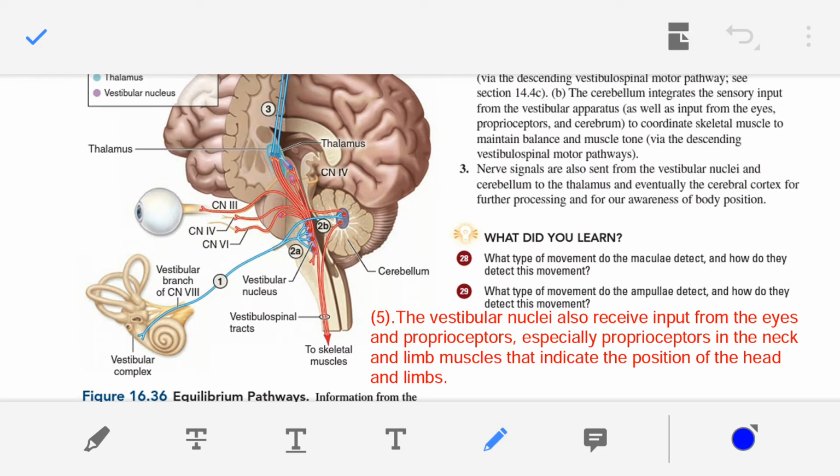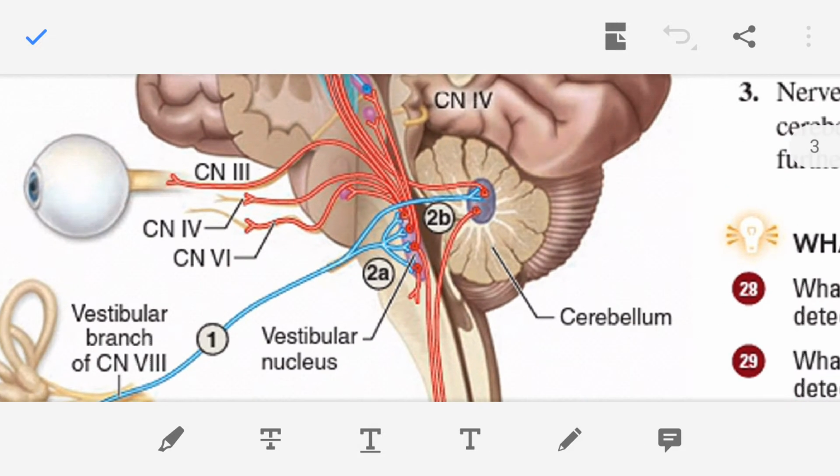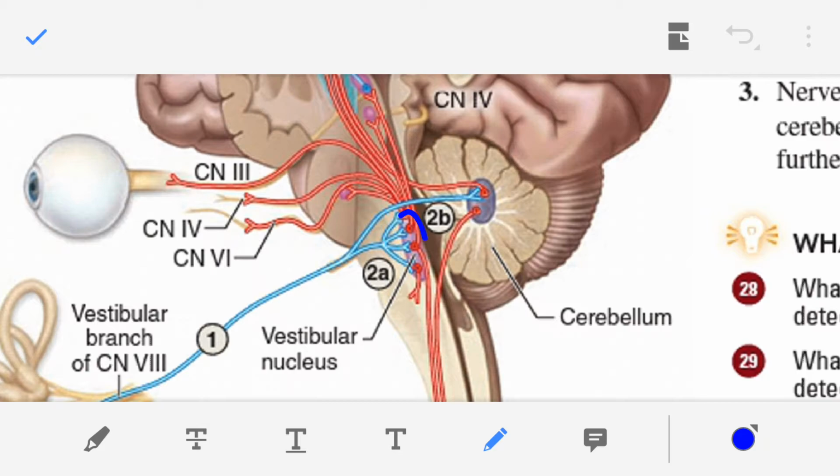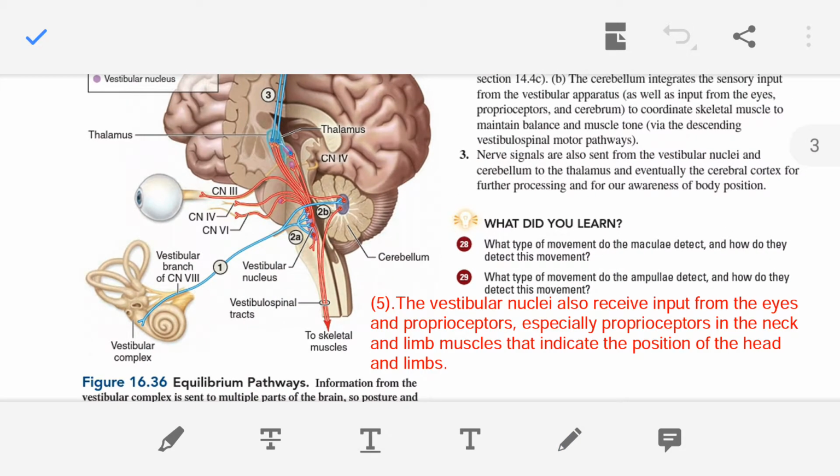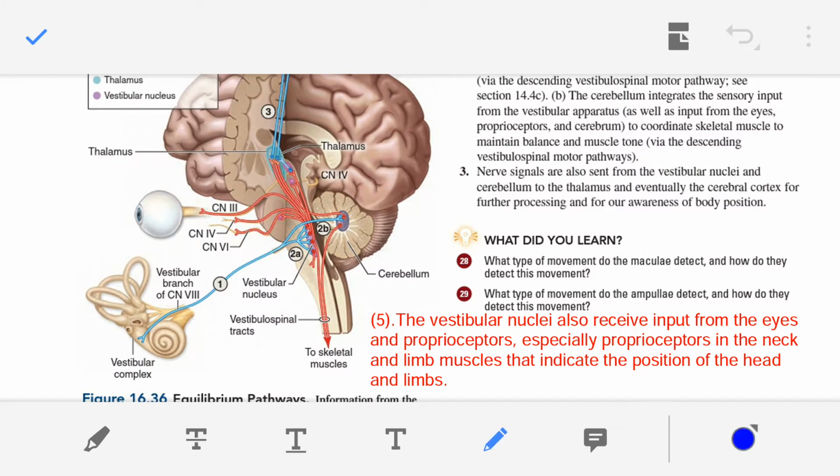Now this vestibular nuclei, if you observe, this is the entire vestibular nuclei. The vestibular nuclei also receive input from the eye. So this is the eye. The vestibular nucleus is receiving signals from the eye.